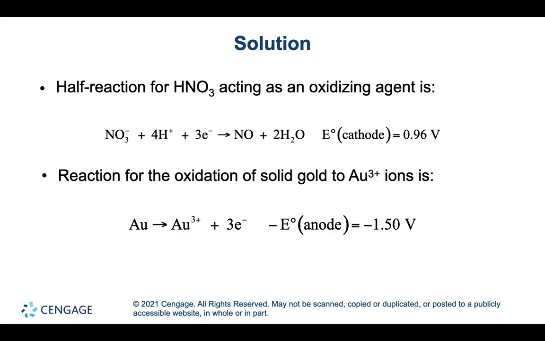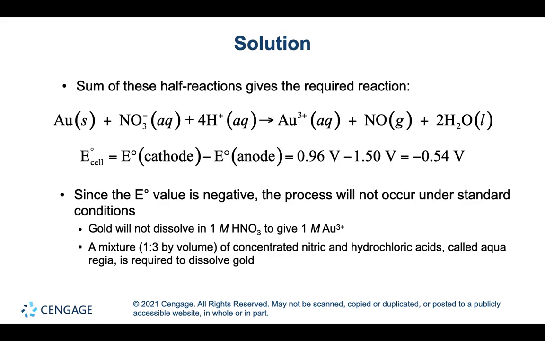Because we're running it in reverse, we change the sign, but when we add 0.96 to negative 1.5, we get E naught of the cell to be negative 0.54. If E naught is negative, that means delta G will be positive. So since E naught is negative, the process will not occur under standard conditions because it's not thermodynamically favorable. The gold won't dissolve in 1 molar nitric acid.